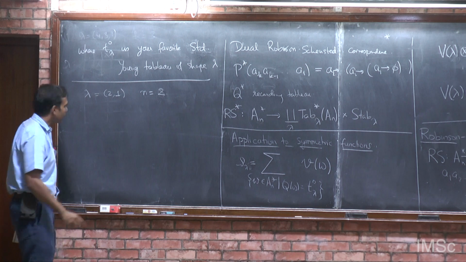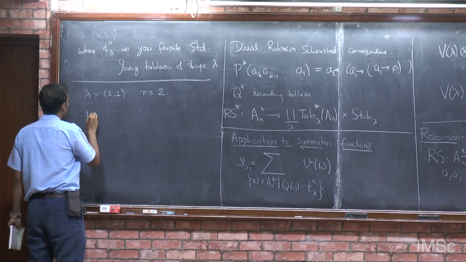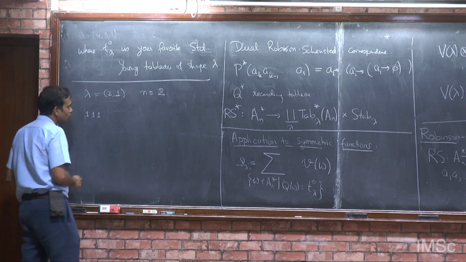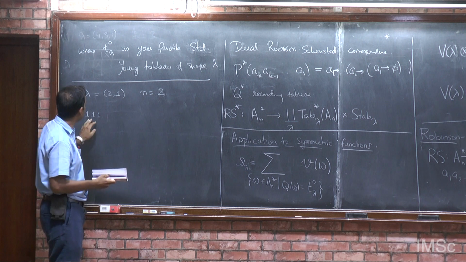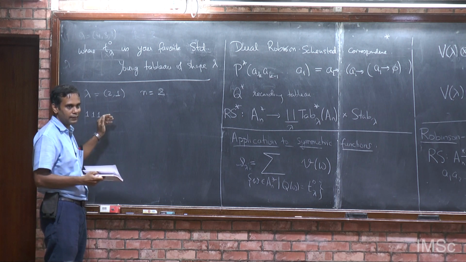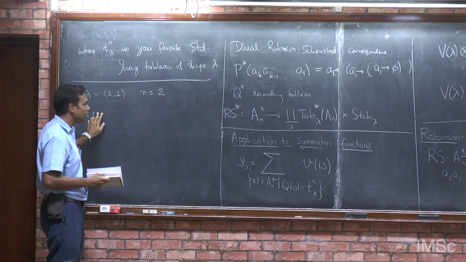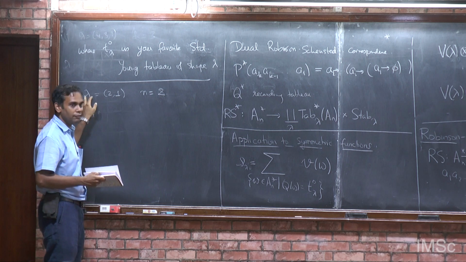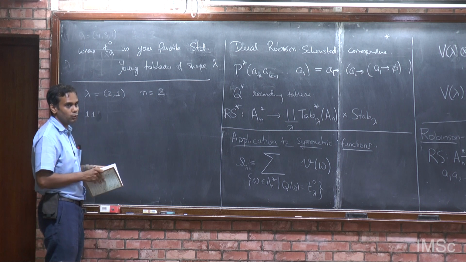So I can have 1 1 1, but that is not going to give me, its P is going to be just a single row. So let us not take that. 1 1 2 also will give me a single row. So I want all the words such that P of w has shape 2 1.